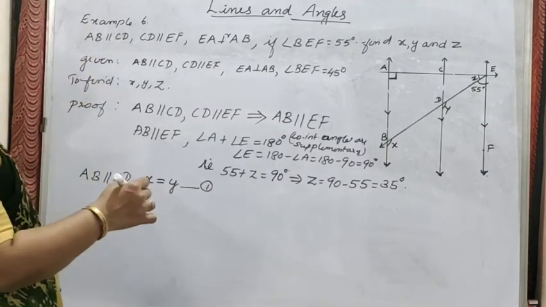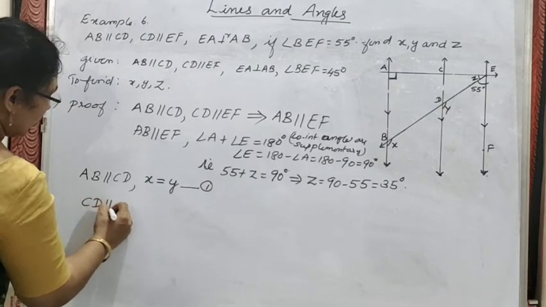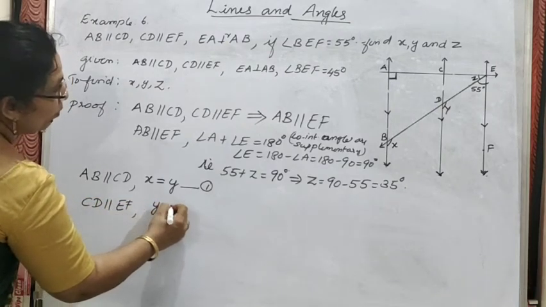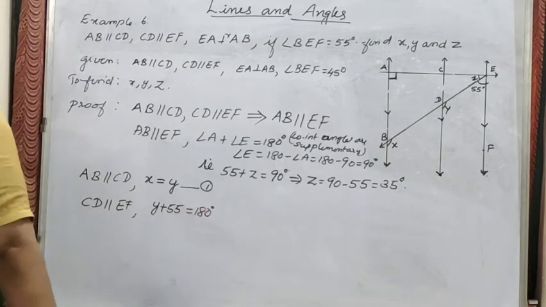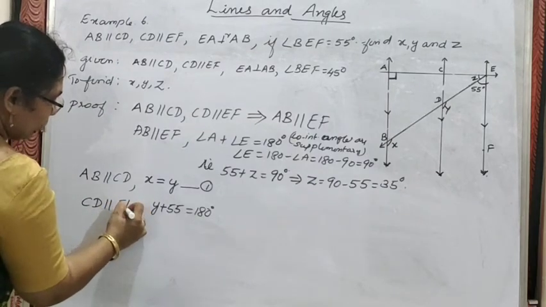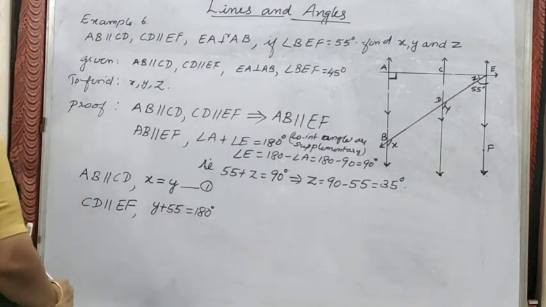Now compare CD as well as EF. CD parallel to EF, right? So what can you say about Y plus 55? Again they are co-interior angles. Check the diagram, all of you. CD parallel to EF. What is Y plus 55? It is equal to 180 degrees.